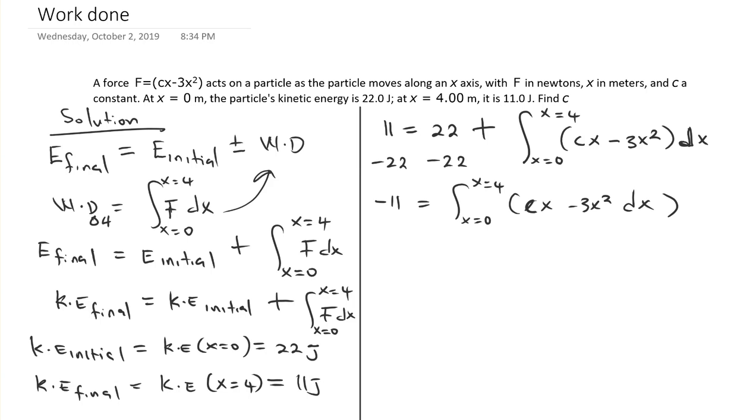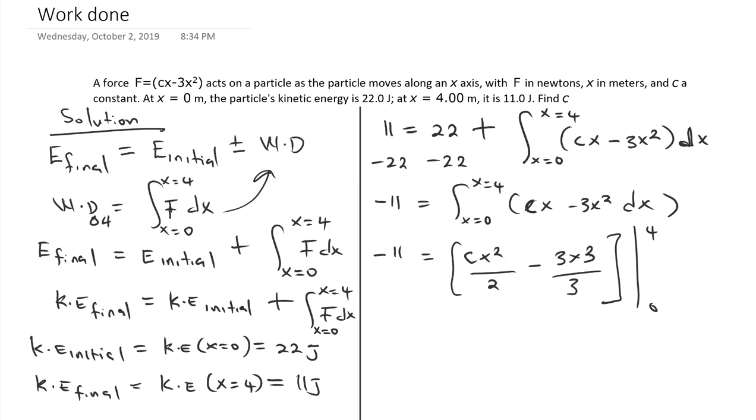So I'm going to do the integration now. We have minus 11 is equal to cx squared over 2 minus 3x cubed over 3. And then we substitute from 4 to 0.